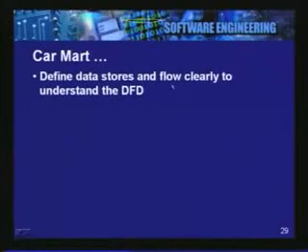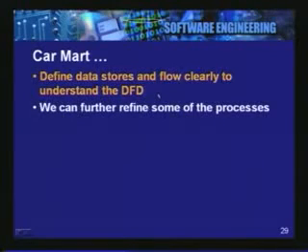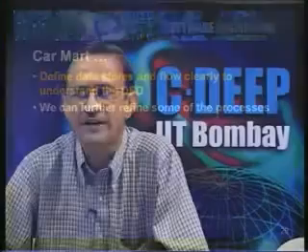Besides defining the data store, you should also clearly mark the data flows, indicating what type of data goes from one point in the data flow diagram to another point. Some of the processes here you may want to refine further and decompose and draw a second level data flow diagram.